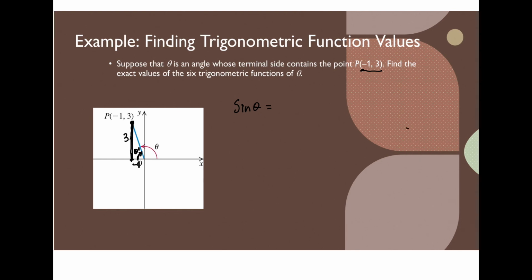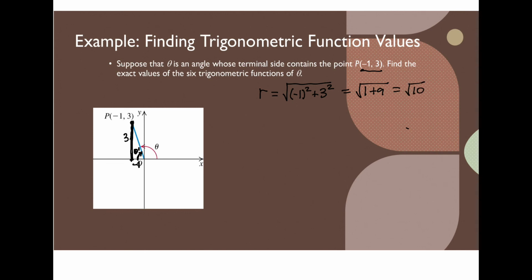Before we do this, we need to know the values of all sides. We know that the radius is equal to the square root of x squared, so -1 squared, plus y squared, which is 3 squared. So that gives me the square root of 1 plus 9, which is the square root of 10.